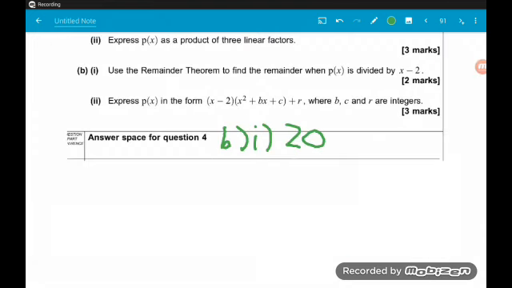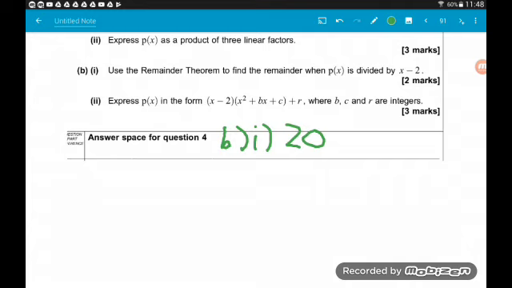Okay, then for part 2 of question B, I'm going to do this 2 different ways. So, we want to express p of x in the form x minus 2 times x squared plus bx plus c plus a remainder. Now, from part A, we already know the remainder. The remainder is 20.